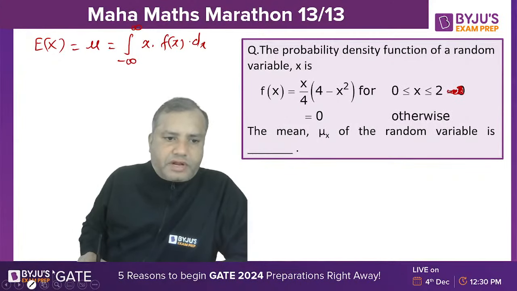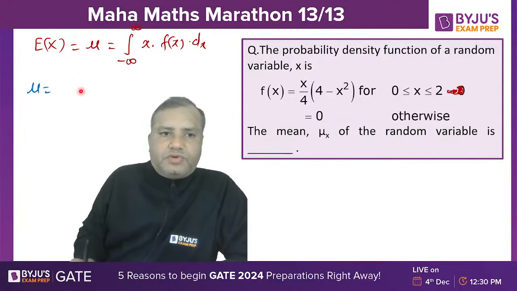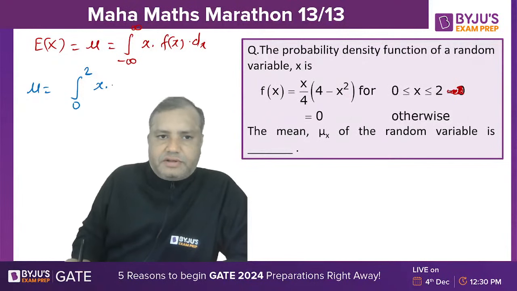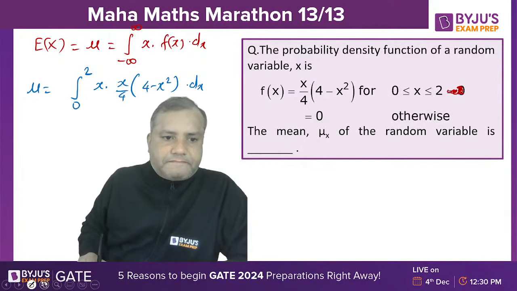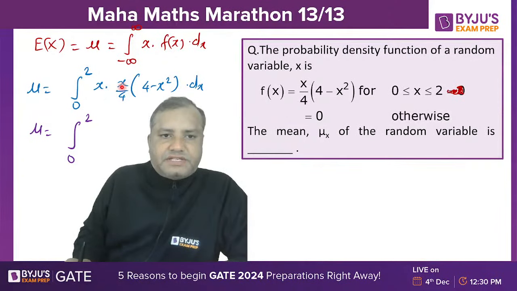But in this particular question, the valid range of integration is 0 to 2. Okay, 1 by 4, leave it. X as it is. F of x will be this for this interval. So x by 4 into 4 minus x square dx. Comfortable with this? So 0 to 2. X into x, x square, 4 cancel.